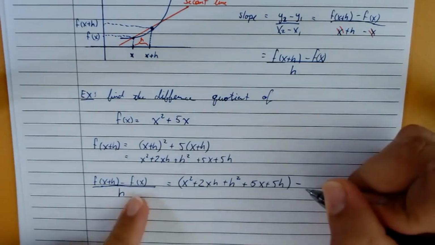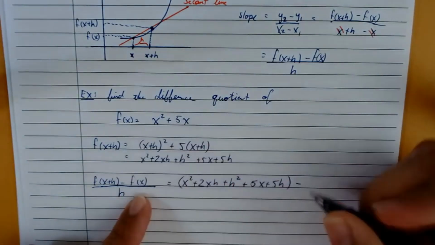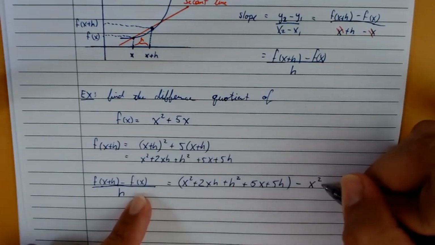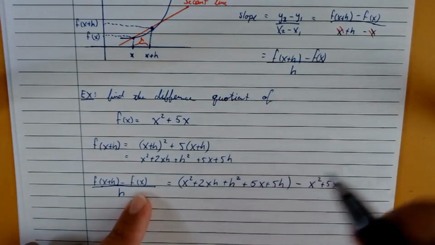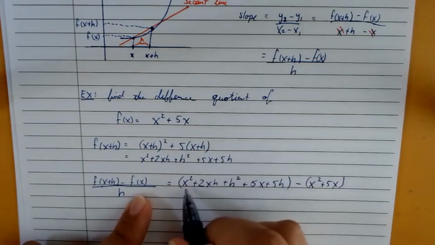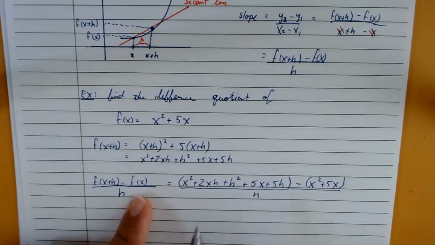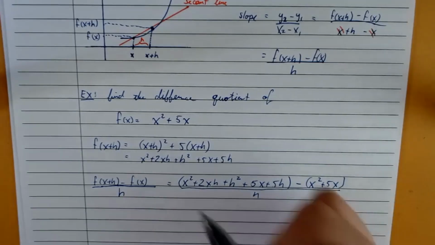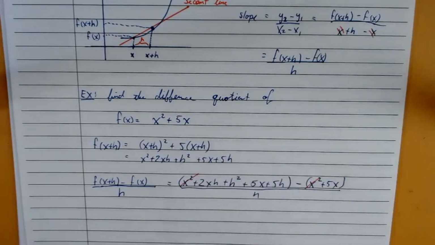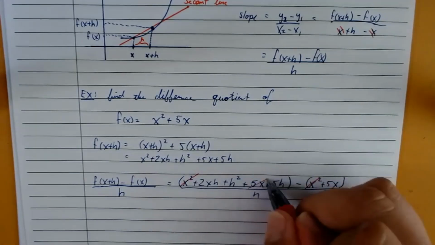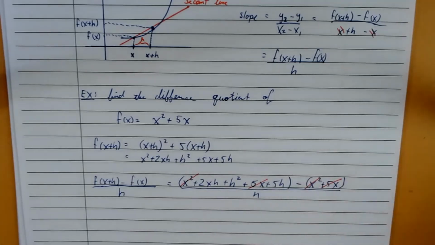And from that, we're going to subtract f of x, which was the original function. And then you're going to divide by h. Okay, well, some stuff simplifies here. Notice x squared minus x squared, that's gone. And 5x minus 5x, that's gone.